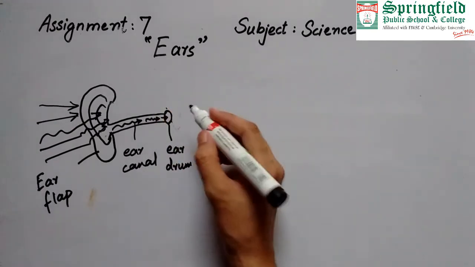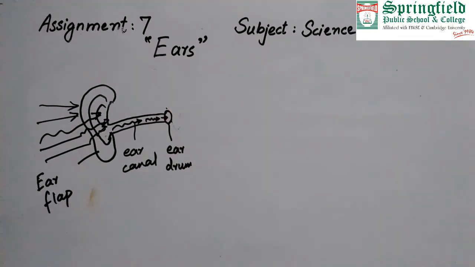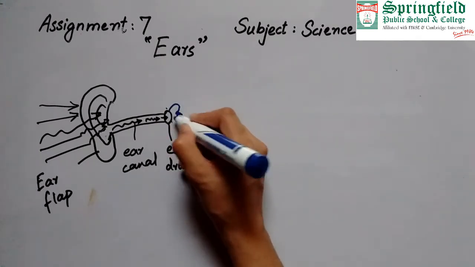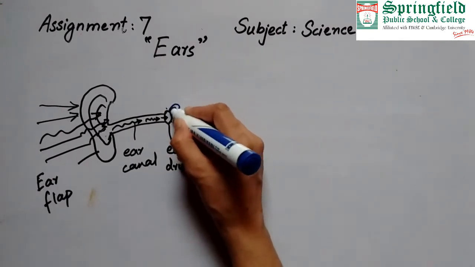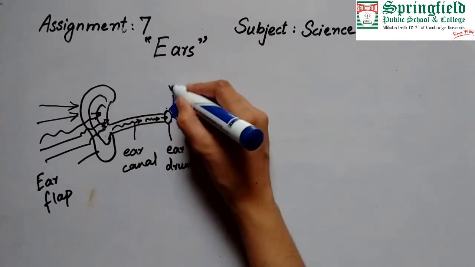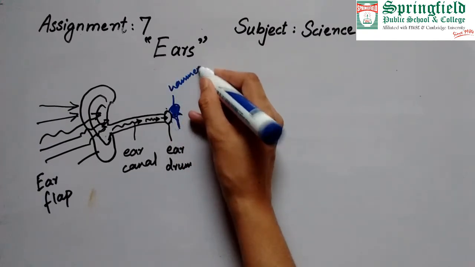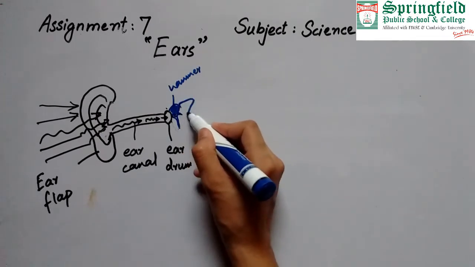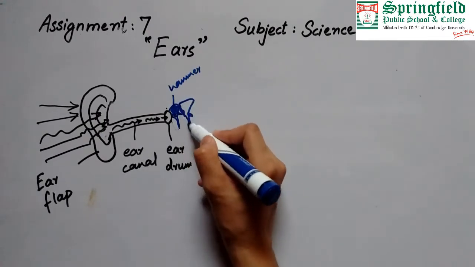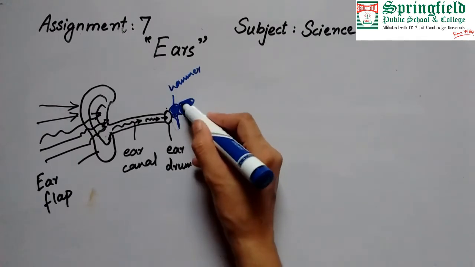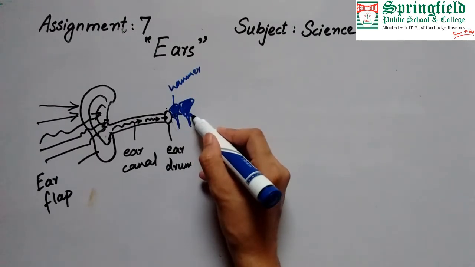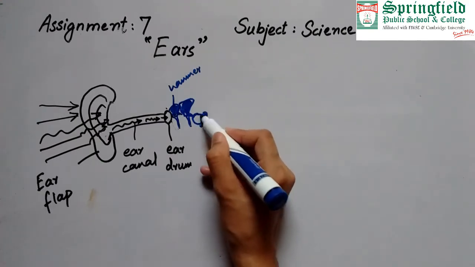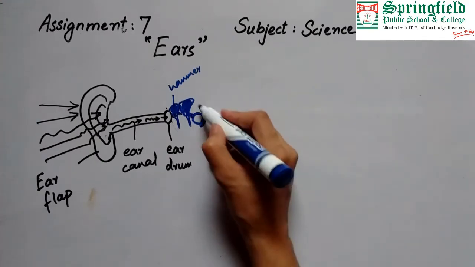After the eardrum, there are the 3 tiny bones. Number 1 is the hammer, which is somewhat like this. Then this hammer transfers the vibrations to the anvil, and the anvil transfers these vibrations to the stirrup, which is the tiniest bone in our body.